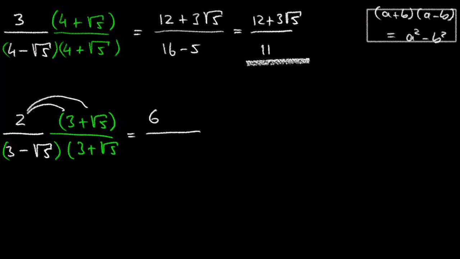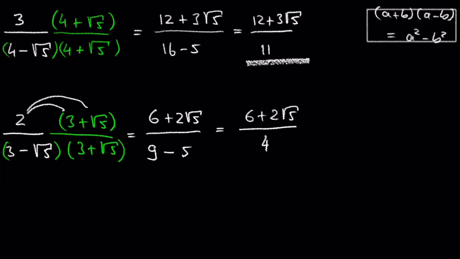And 2 times the square root of 5 is 2 times the square root of 5. 3 squared is 9. Minus the square root of 5 squared is 5. So we get 6 plus 2 times the square root of 5 over 4.